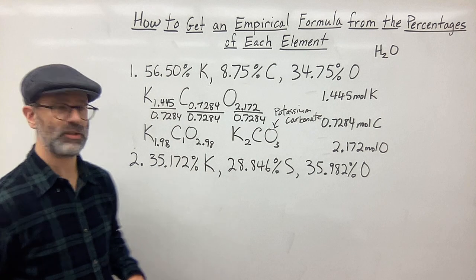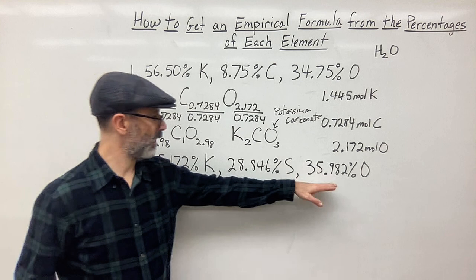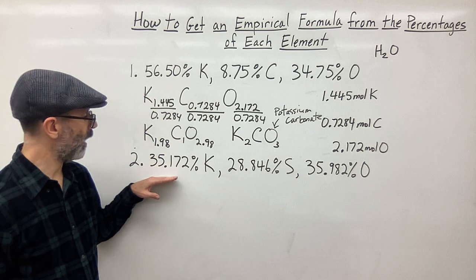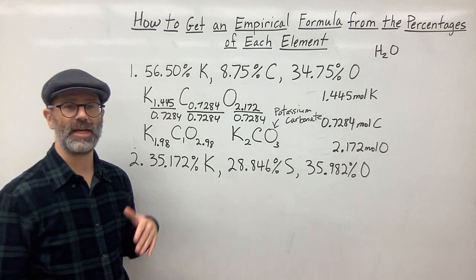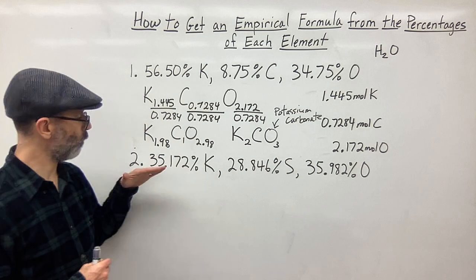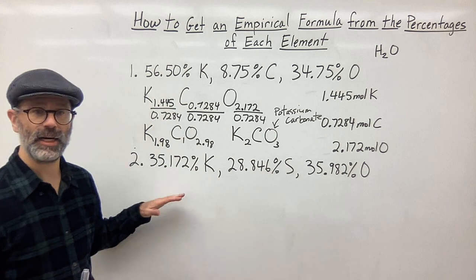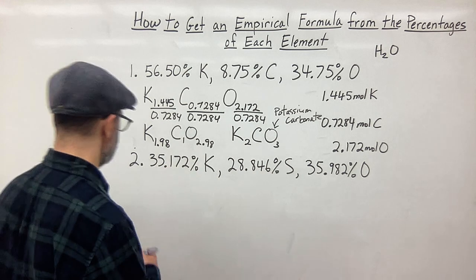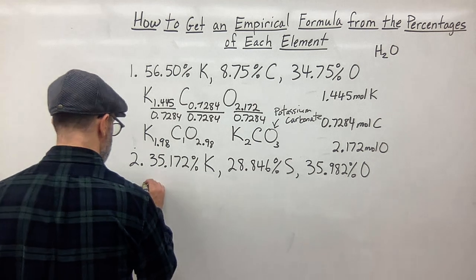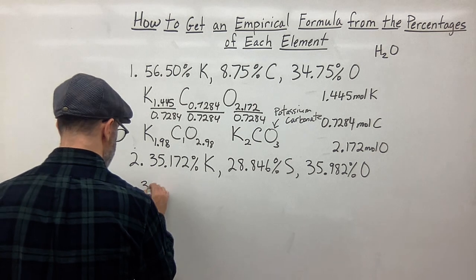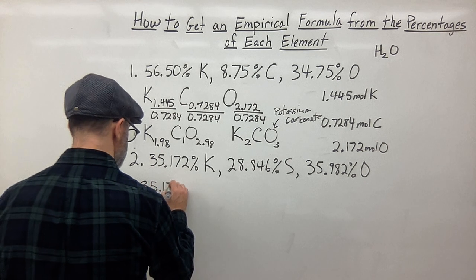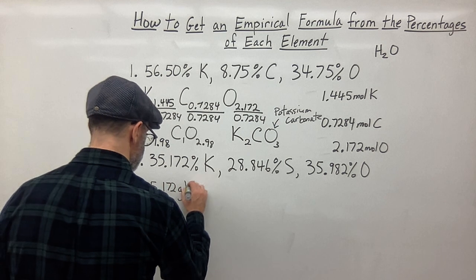Okay, let's go to the next one. Same thing. I'm given the percentages of each of the elements, and I'm asked to find the empirical formula. So first thing, I assume that I have 100 grams of this stuff, and I convert everything to grams. So out of 100 grams, I'm going to get 35.172 grams of potassium.